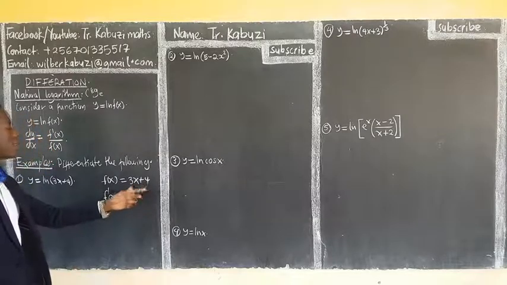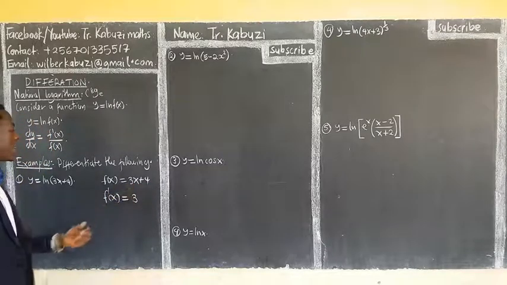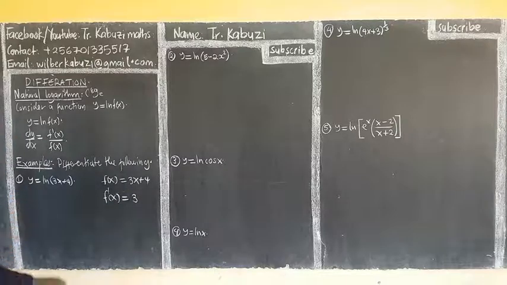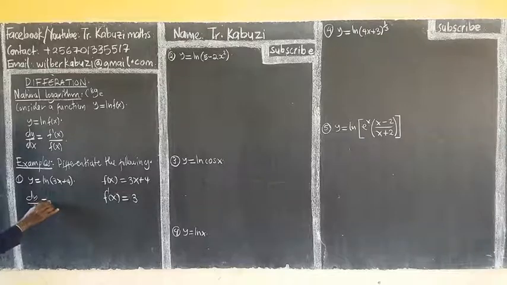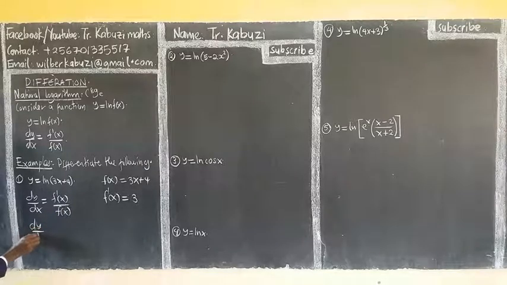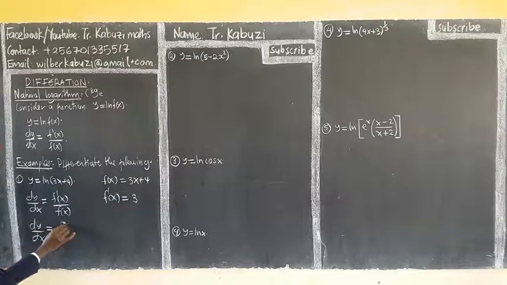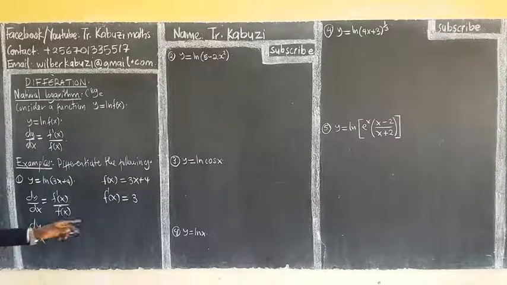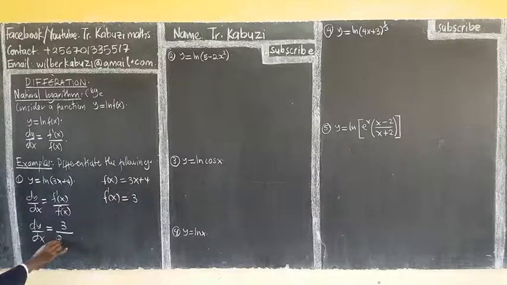Of course the constant goes to 0. So dy/dx of this function is going to be f prime of x over f of x. So my dy/dx is going to be my f prime of x, which is 3, over f of x, which is 3x plus 4. And that's all. We are finished.